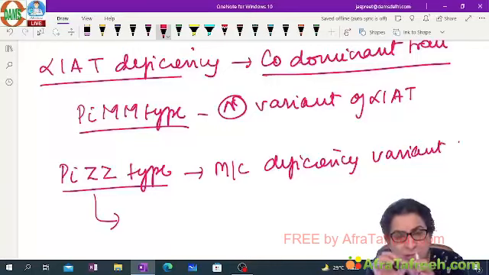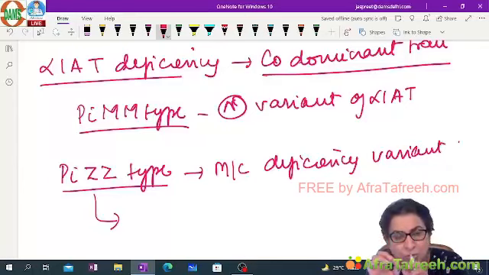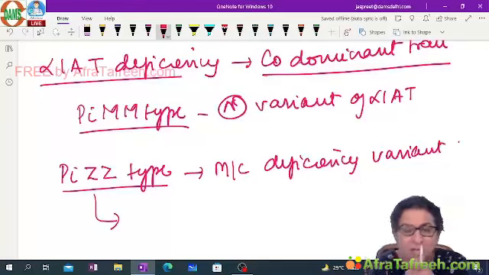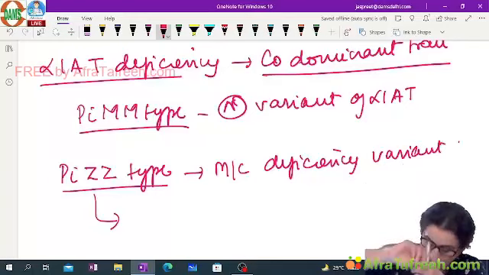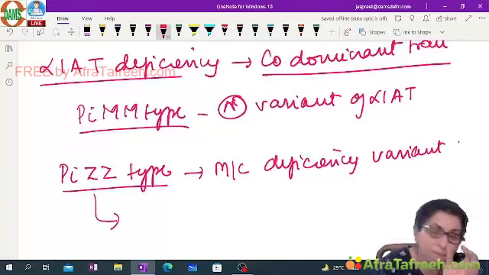From the endoplasmic reticulum, once it is produced, it goes to the Golgi body where it is nicely packaged, and then from the Golgi body, it comes out of the hepatocytes into the blood and then goes into the lungs.